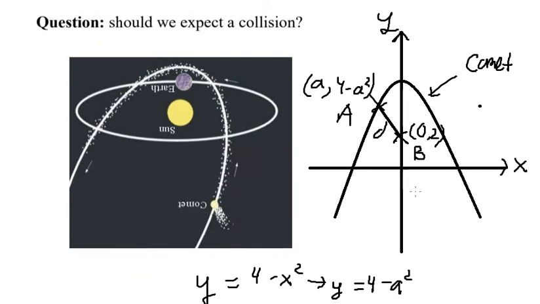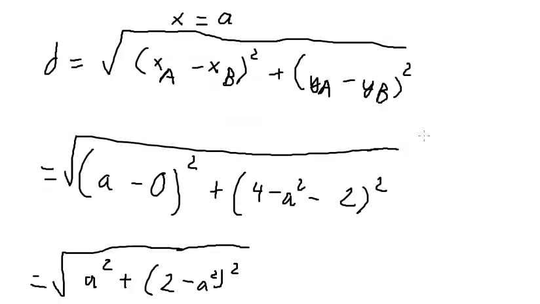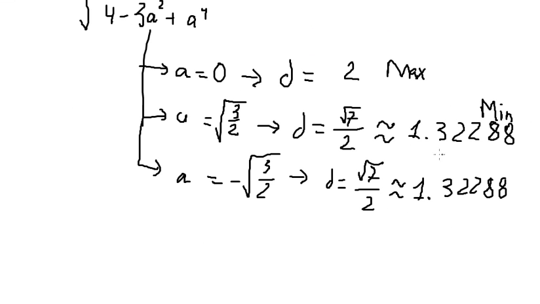Now we need to compare conditions. We have 1.3227, but we calculate the minimum is about 1.3228, and this number is greater than 1.3227.